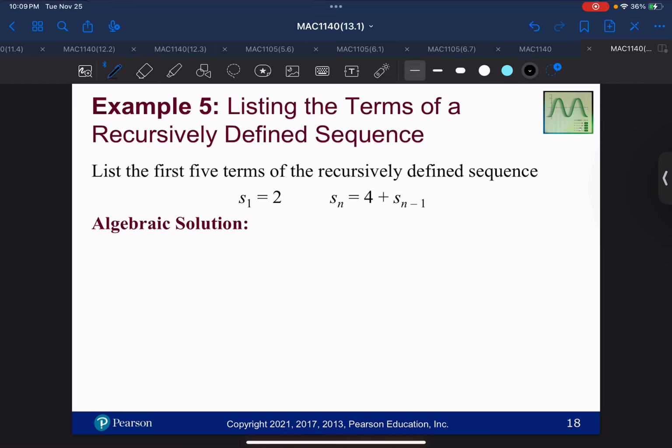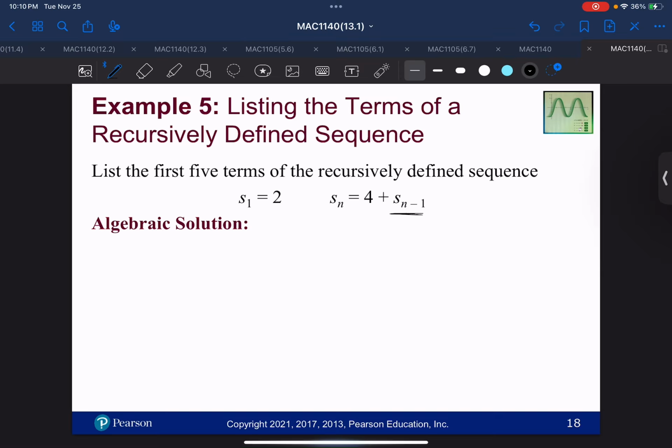So here is another example. For this, they want us to list the first 5 terms of the recursively defined sequence. And here is the sequence that says that the nth term is equal to 4 plus the n minus 1 term.